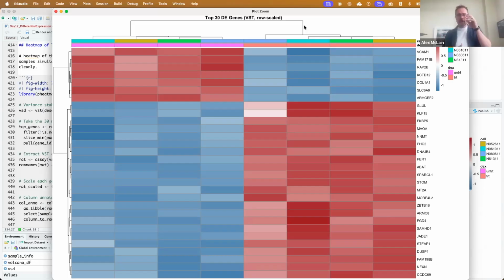That's why these were the top 30 differentially expressed genes. So that's really what I would take from this top one, that it just split it into treated and untreated. I don't think we can take too much from these two being the last two that were split apart.